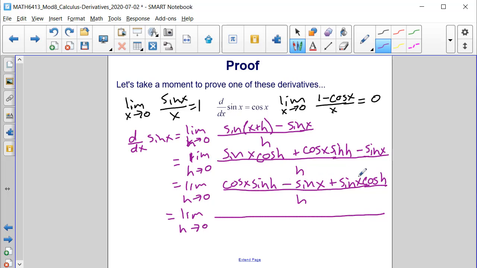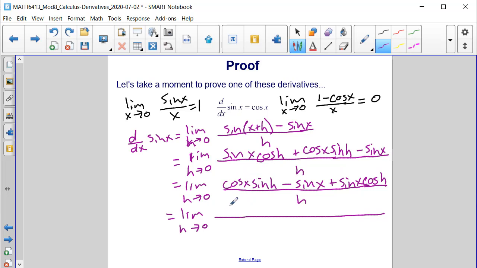Notice our second and third terms both have a sine x in them, so I can factor that out. And in order to get the 1 minus cosine of h over h, we're going to factor out a negative sine x. Then that way the sign changes.